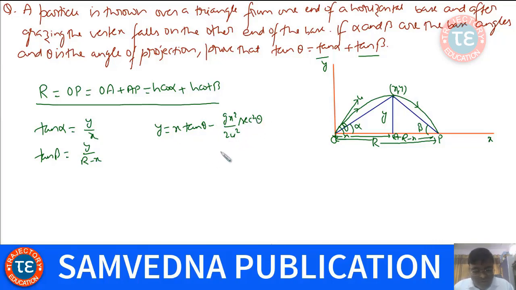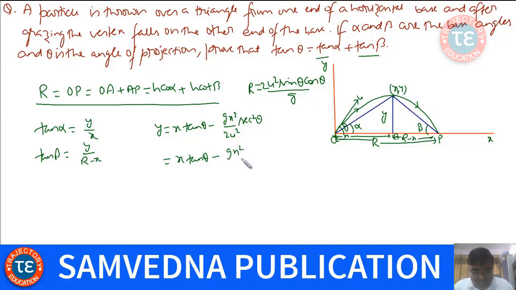So x and y are going to satisfy this equation. This can be further written if we make use of the range. See, what is range? Range is u square sin theta cos theta upon g.